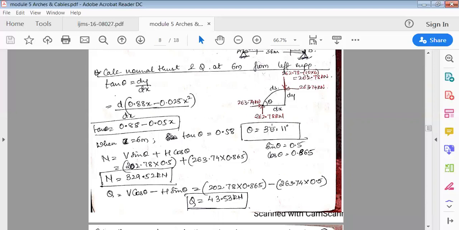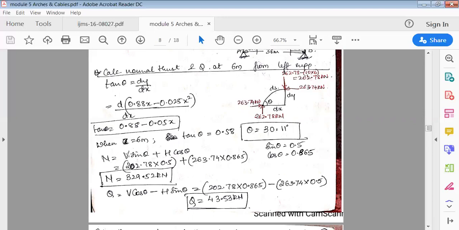Now when we get this angle, next we have the equation, that is normal thrust, N. N is V sine theta plus H cos theta. Q is the same: V and H should be the same. Sine theta becomes cos theta, cos theta becomes sine theta, and there is a change in the sign. This is the same throughout.